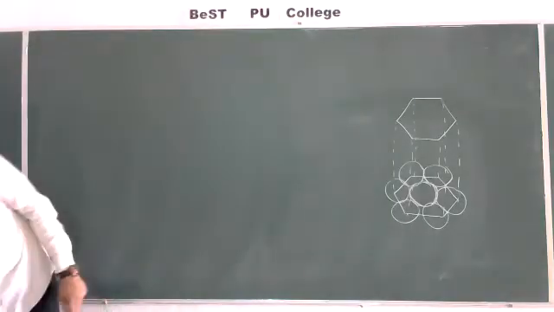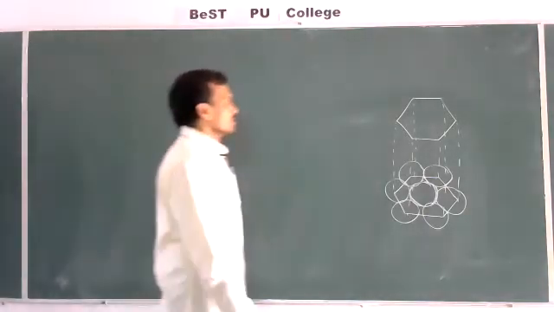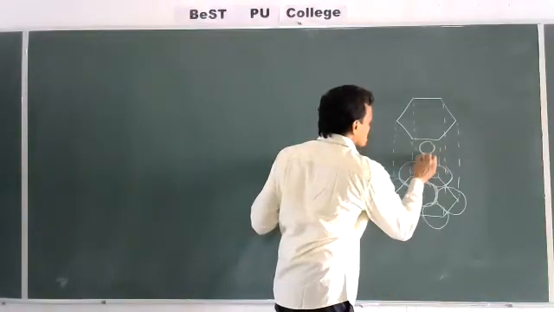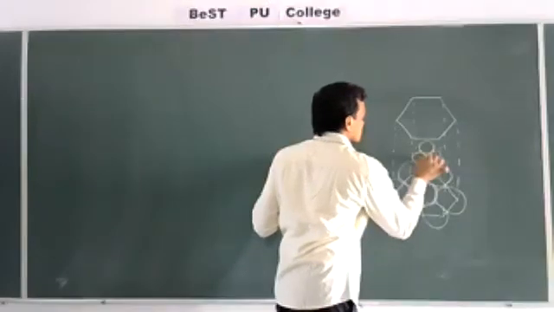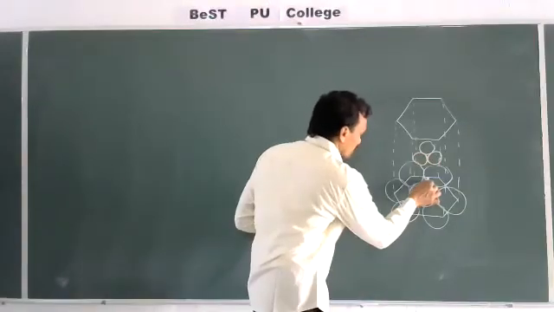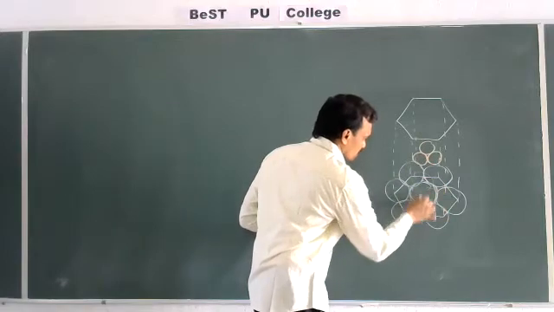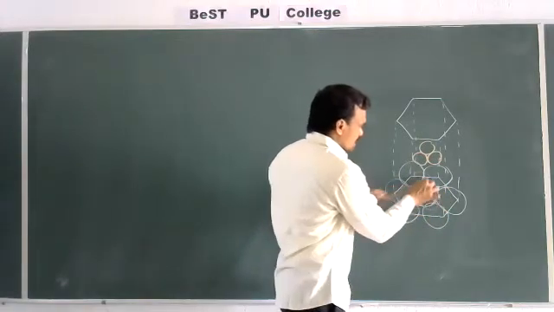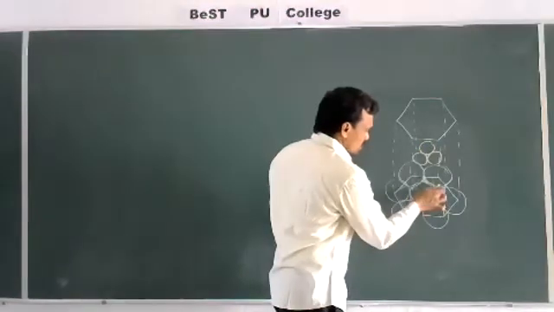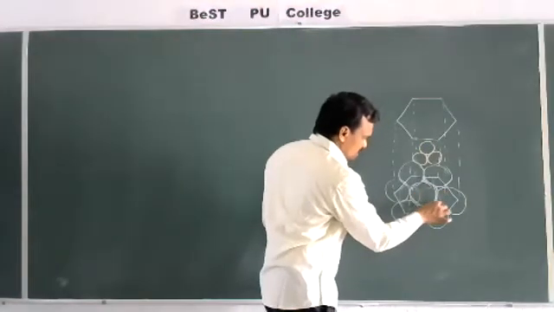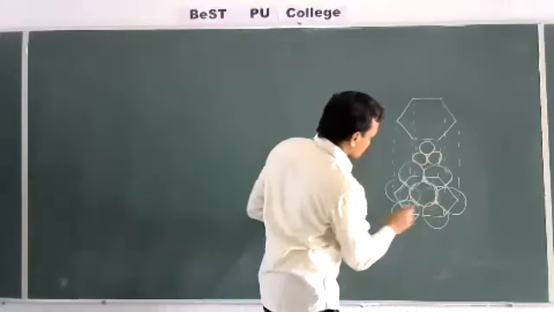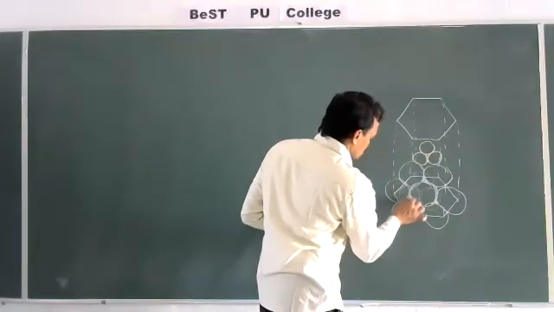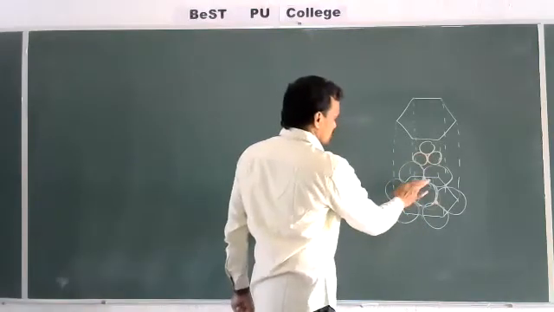What type of voids are covered in hexagonal close packing? Tetrahedral voids are covered. Here alternate tetrahedral voids are covered, by 3 particles. Means here one particle will come, here one particle, and here one particle. This void is covered, this void is vacant, again this void is covered, this void is vacant, and this void is covered, again this void is vacant.